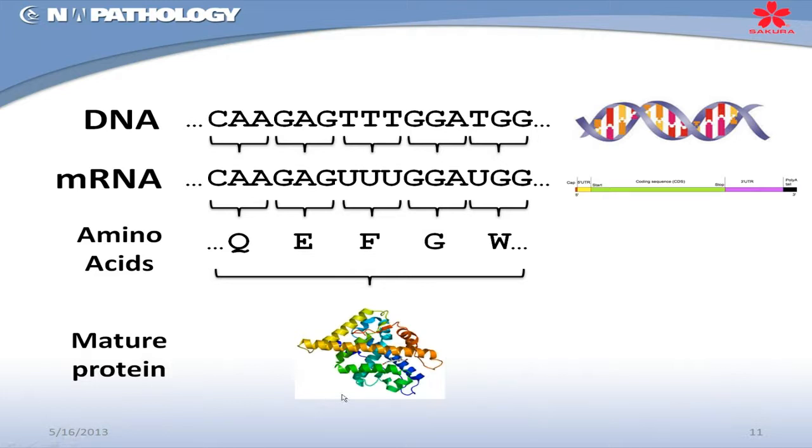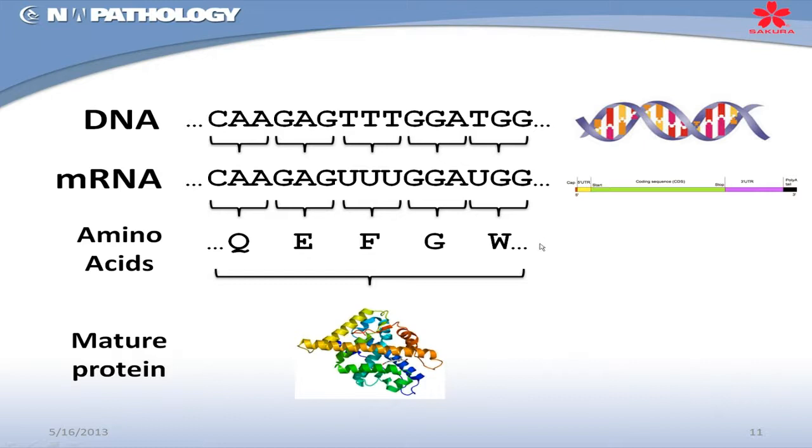Just again to review the flow of information, DNA yields an RNA molecule, so a gene of DNA will give rise to an RNA molecule that's basically exactly the same as the DNA, except that the T's have been replaced with U's. So there's really no translation of that information. It's just a transcription from one to the next. The RNA is then taken into the cytoplasm where it's translated into amino acids.